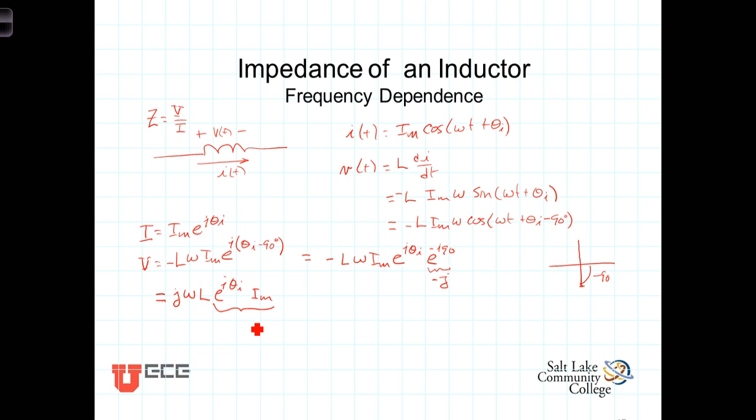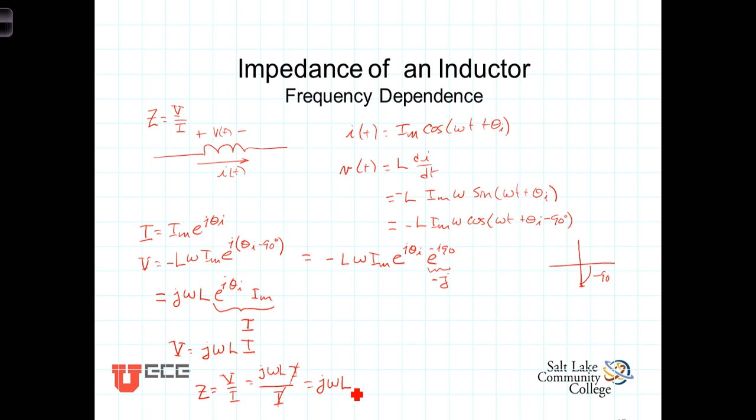Well, that's just phasor I. And we have then that phasor V is equal to j omega L times phasor I. Z is defined as the ratio of phasor V to phasor I, which is equal to j omega L times phasor I divided by phasor I. The phasor I's cancel, and we're left with the impedance of the inductor equal to j omega L.